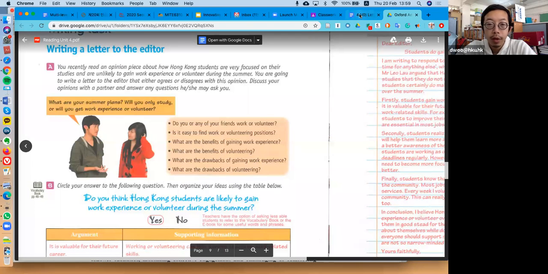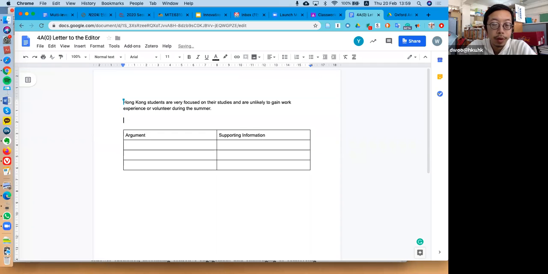Okay. Now, do you agree or disagree? And what are 3 reasons? Let's start with agree. Okay. So let's see if we can't get some ideas. Girls, so what's one reason why Hong Kong students are unlikely to gain work experience or volunteer during the summer?